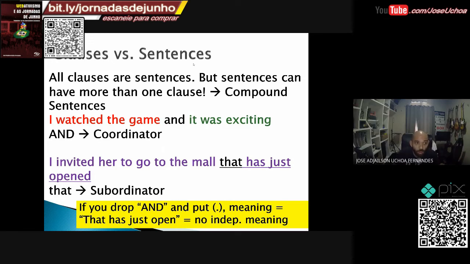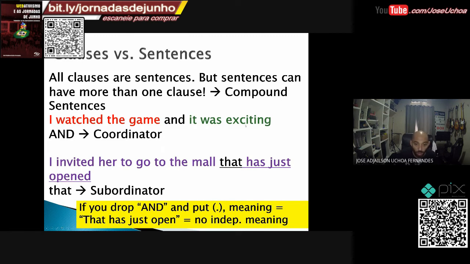Is it completely meaningful in terms of grammar? Yes, there is a subject, there is a verb, and there is the thing I watched, an object. Okay, it was exciting. If we are talking about the game, perfect. Oh, teacher, how was the game? It was exciting. Again, I have a grammatically complete sentence.